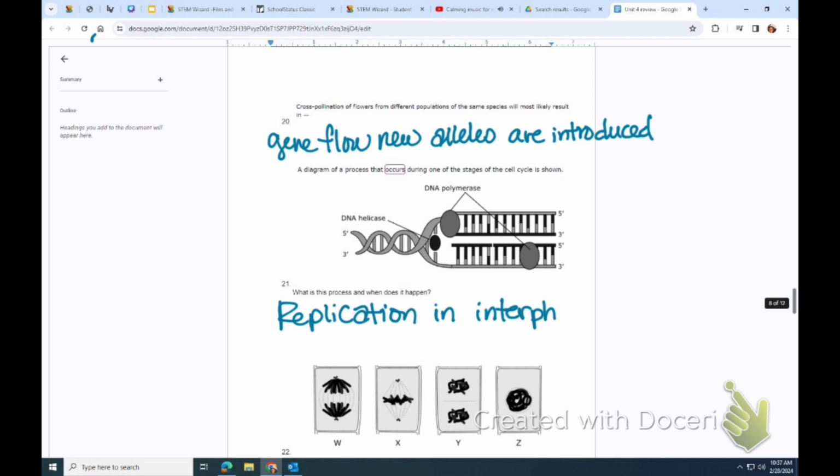G1. What comes next? G2. What's in between? S phase of interphase is DNA replication. And then we go into mitosis. Splits the cell. Okay.